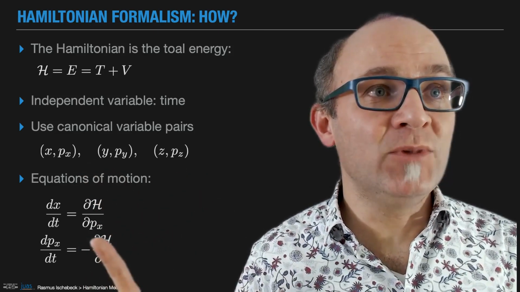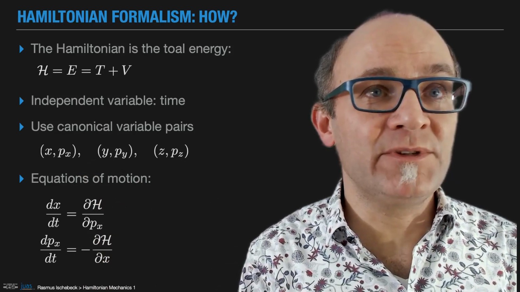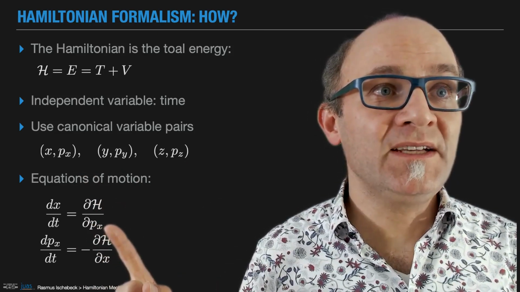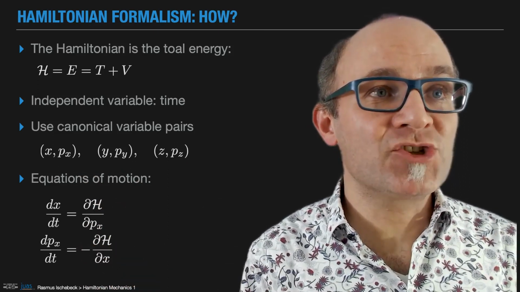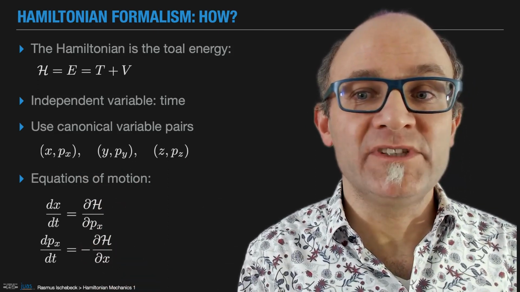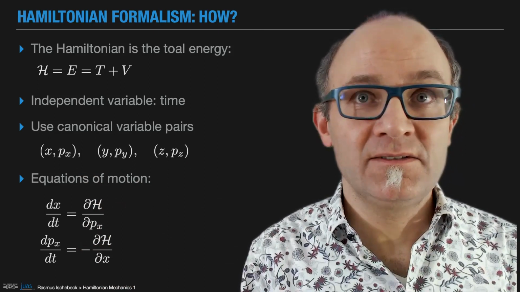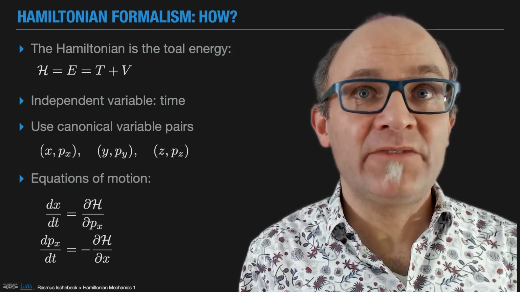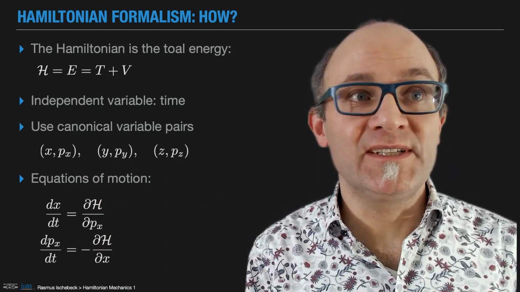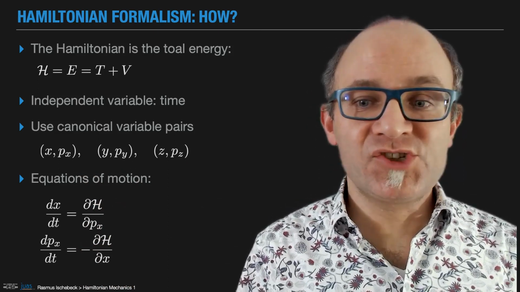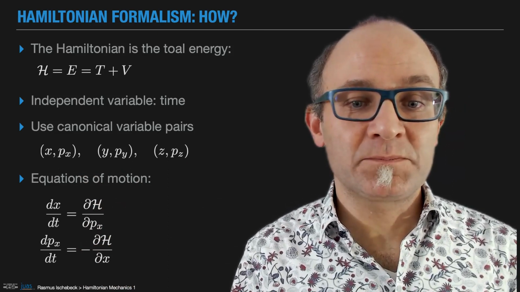And the equations of motion are: dx over dt is the partial derivative of the Hamiltonian with respect to px, and dpx over dt is minus the partial derivative of the Hamiltonian with respect to x. And after we've set this up, we can do variable transformations and further look into details of the system. Let's jump right into an example.